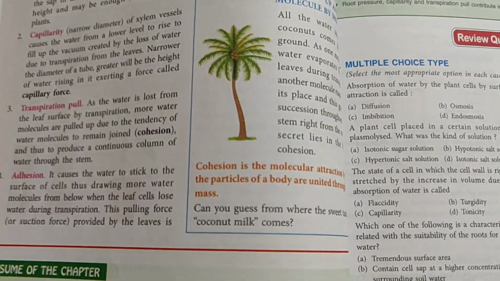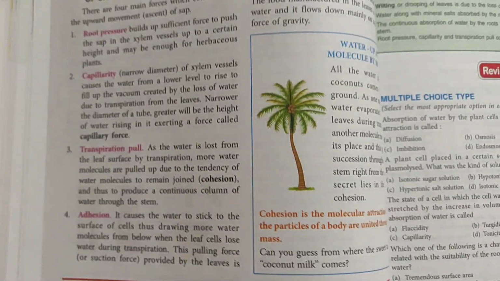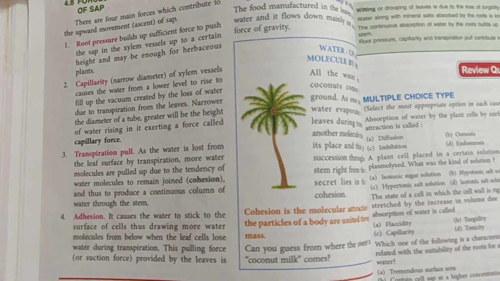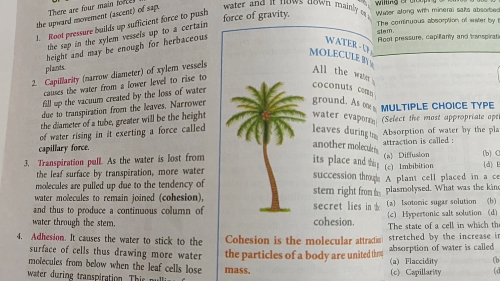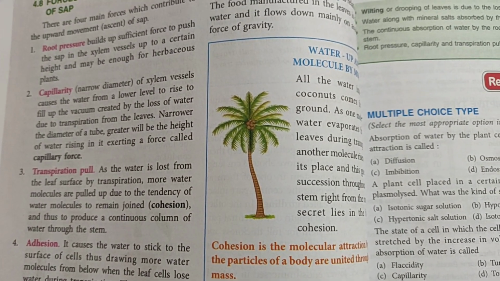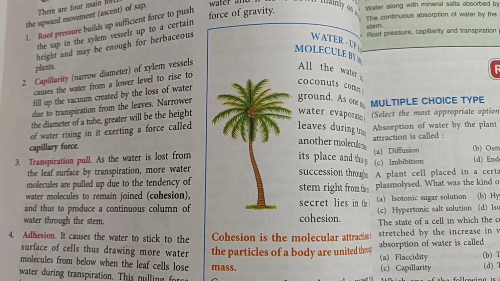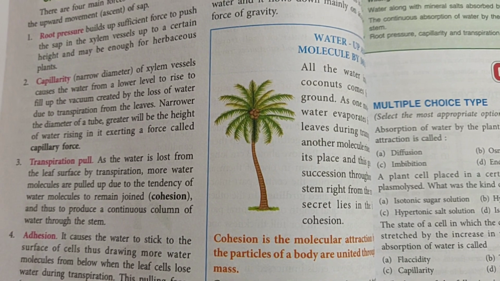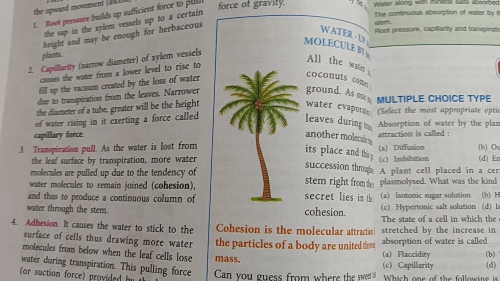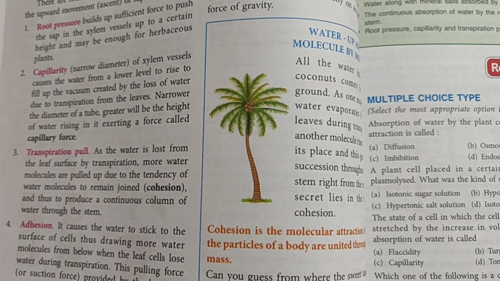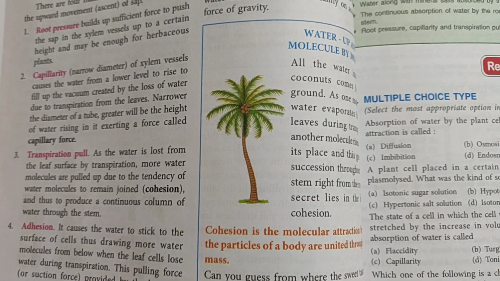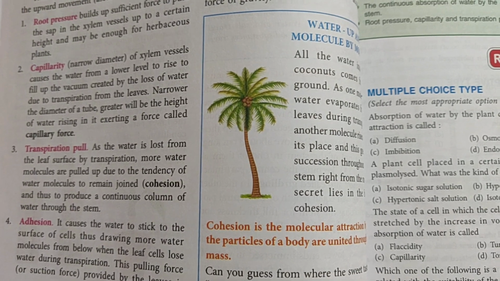Then we come to capillarity. The fact capillarity you must have learnt in chemistry. It is actually due to the narrow diameter of xylem vessels. For a liquid to rise from a lower level to a higher level, to overcome the gravitational force, it's not possible.